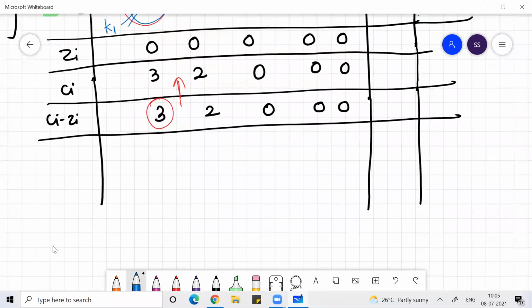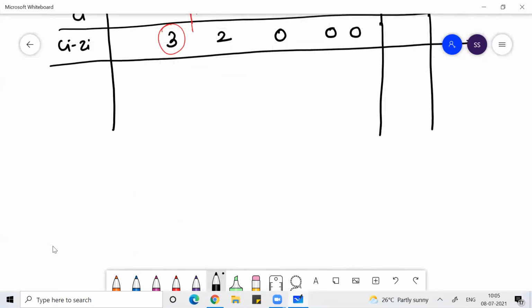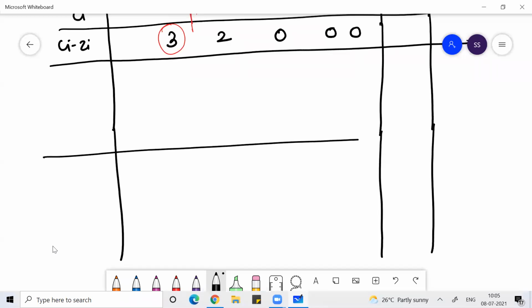Once we find the pivot element, we know that we have S1, S2, and then X1.